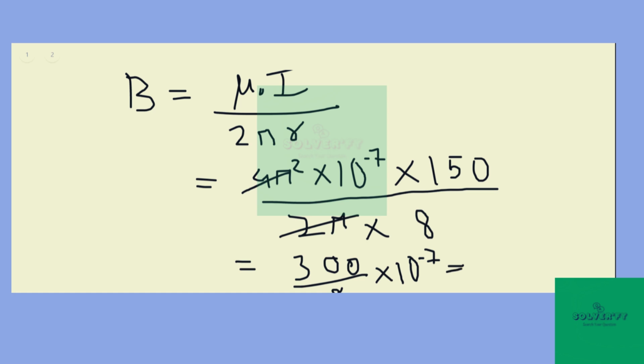And if you solve this, the answer comes out to be 37.5 times 10 raised to negative 7, and the unit is Tesla.